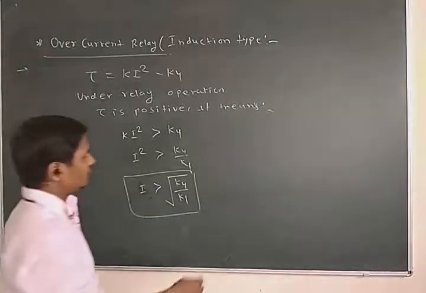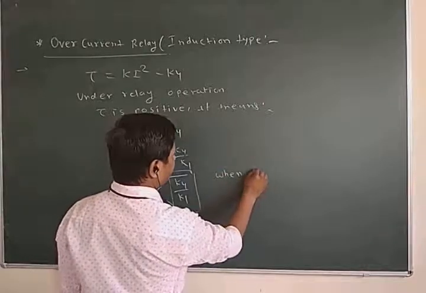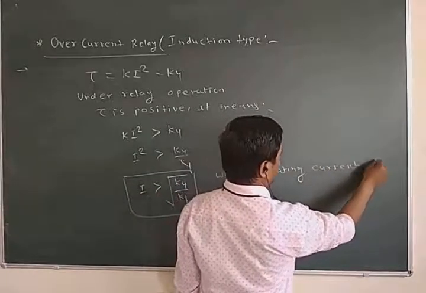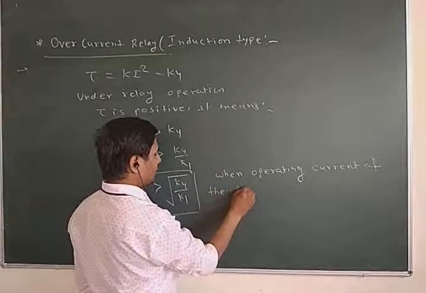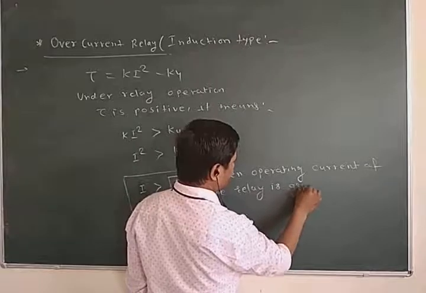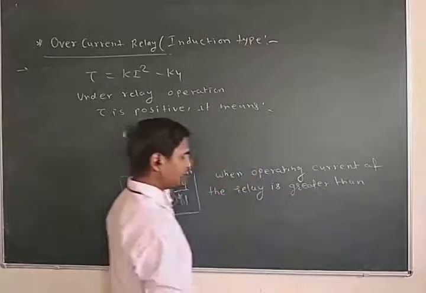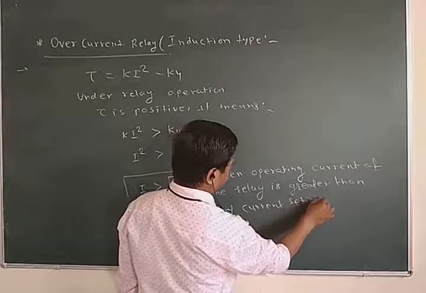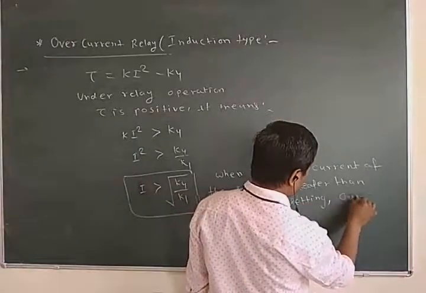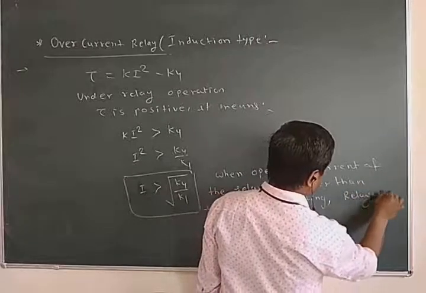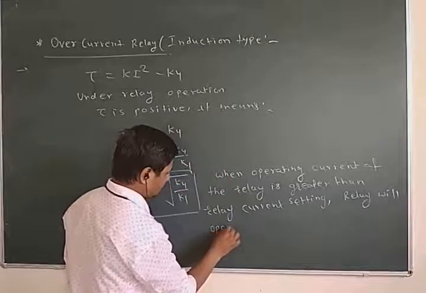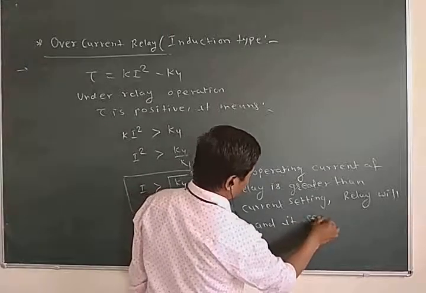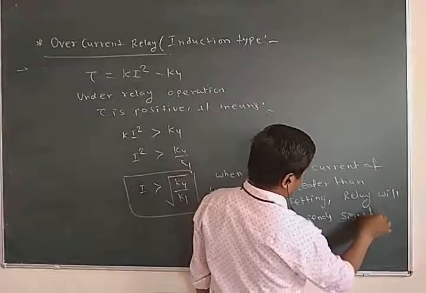So we can write, when the operating current of the relay is greater than the relay current setting, the relay will operate and it sends a signal to the circuit breaker.